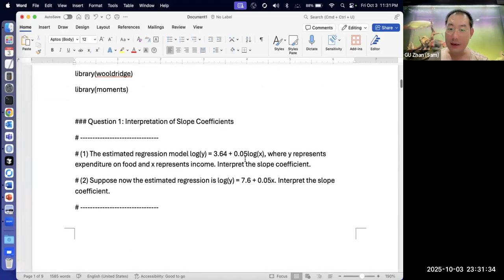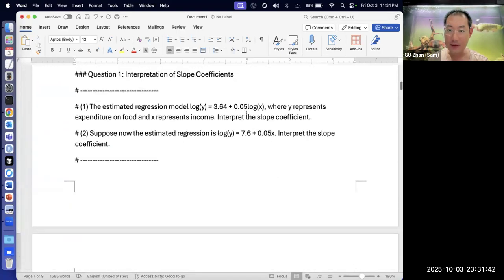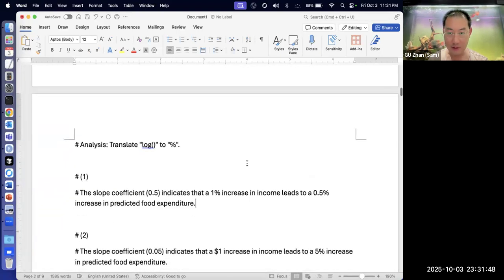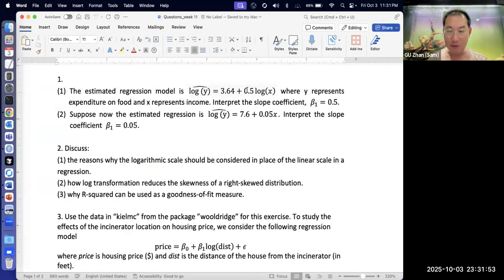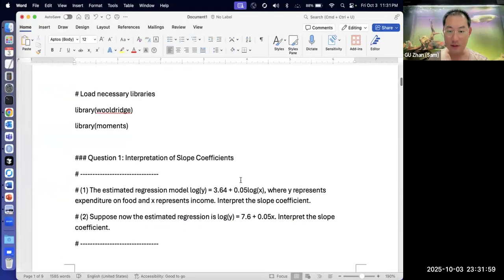It will lead to this 0.5%. This exact value, or this exact value? Okay, so let's have a look. 0.5, yes, you're right, 0.5.